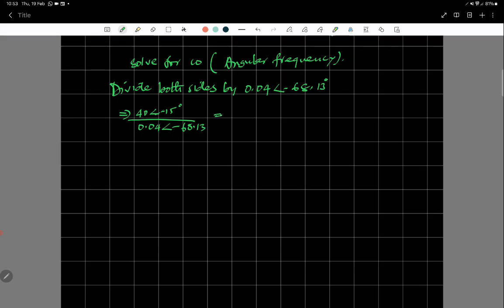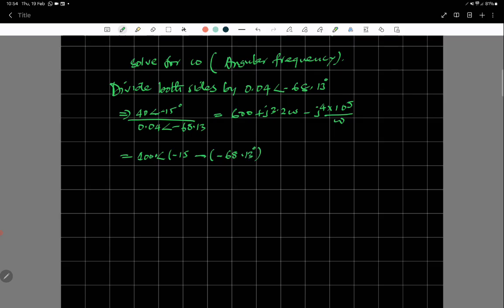Which is equal to 600 plus j 3.2 angular frequency minus j 4 times 10 power 5 over W, which is equal to 1000 minus 68.13.